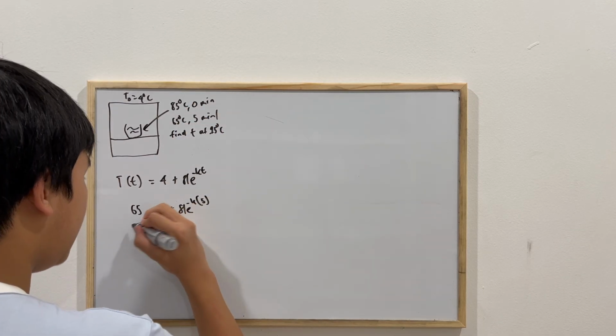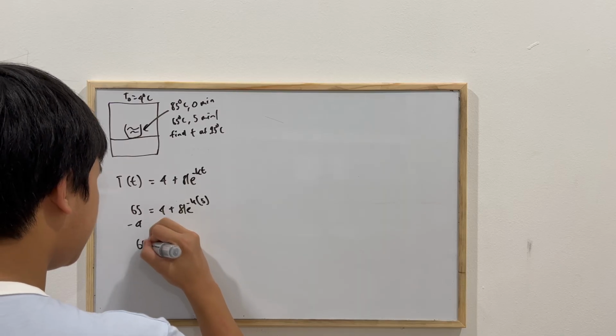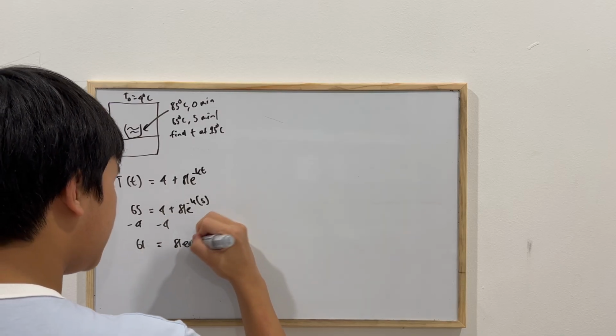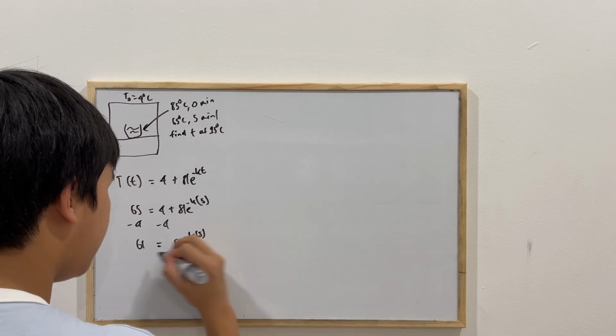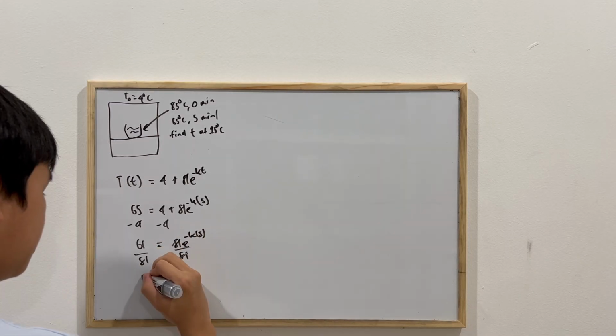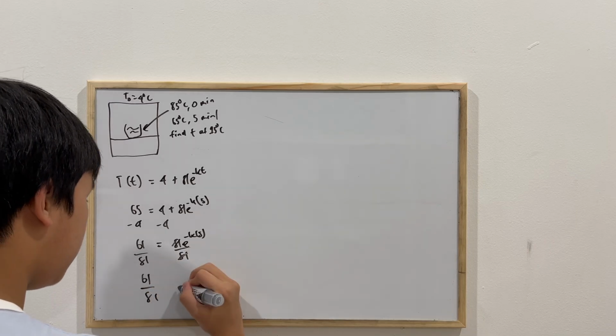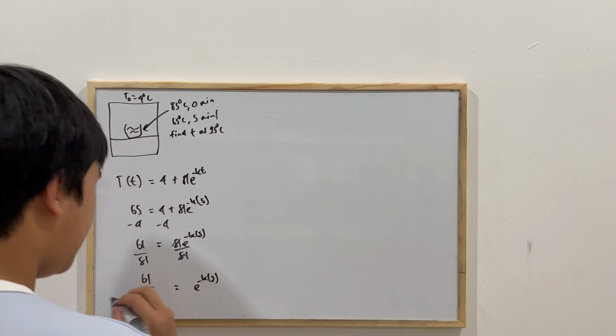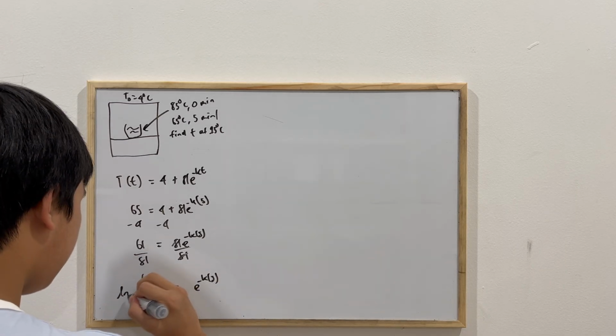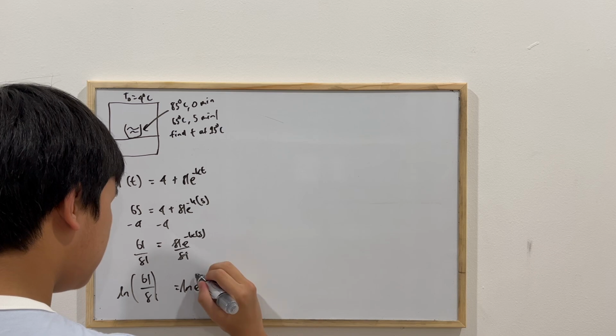To solve for k, we're just going to subtract 4 on both sides, so we get 61 equals 81e to the negative k times 5. We're going to divide by 81 on both sides, so you get 61 over 81 equals e to the negative k times 5. To get rid of this e, we're going to apply a natural log to both sides.